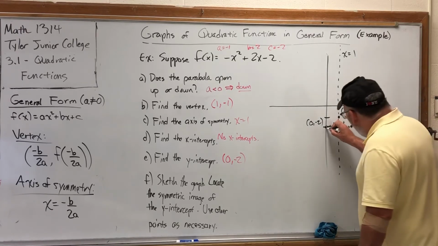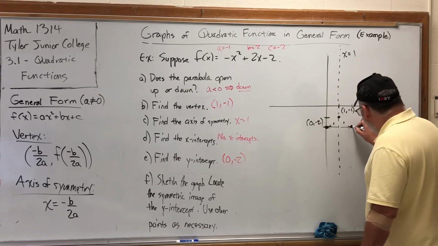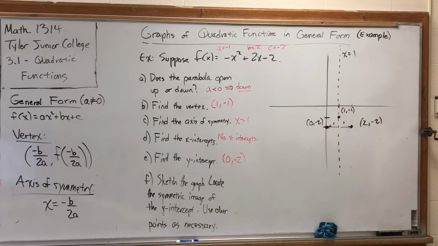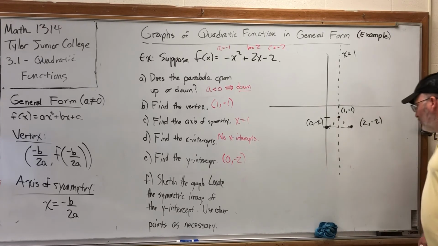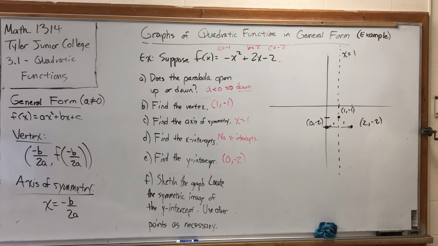And I've got 3 points here, and I suppose that's sufficient for sketching a parabola, but I would like to have at least a couple more points. And if we had the x-intercepts, we would have 2 more points. So I'm going to locate one more point the old-fashioned way. The old-fashioned way is to pick a number and plug it in. I already know what happens at 0, 1, and 2. Let's see what happens at 3.